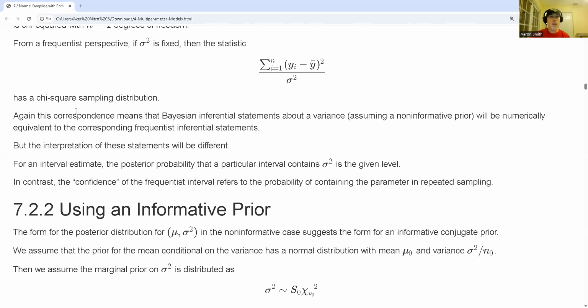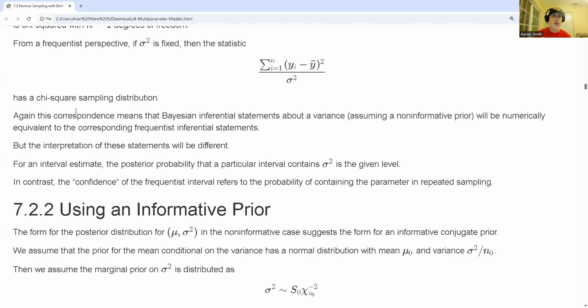Again, this means that the Bayesian inferential statements about a variance, assuming a non-informative prior, will be numerically equivalent to the corresponding frequentist interval statements. But the interpretation of these statements will be different. For an interval estimate, the posterior probability that a particular interval contains sigma squared is the given level.